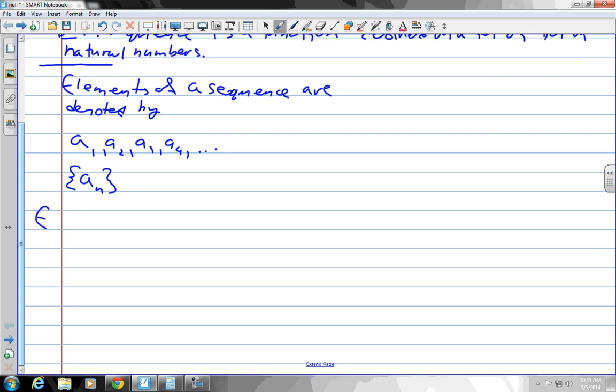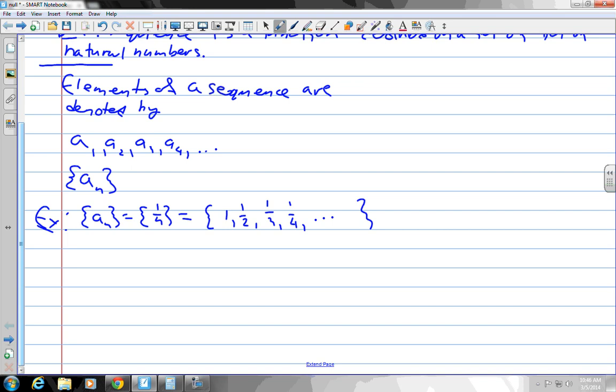So for example, let's say sequence A sub n is defined by 1 over n. Then you assume that n is just a set of natural numbers, so 1, 2, 3, 4, 5. So the elements there are 1, 1/2, 1/3, 1/4, and so forth.